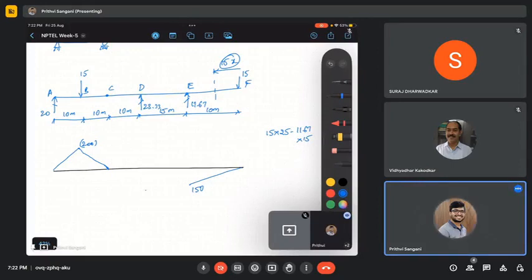This is linear, and at C it should be 0 because it is an internal hinge. So this is our bending moment diagram. A to C is sagging, positive, and all the way along C to F that will be negative, that is hogging.